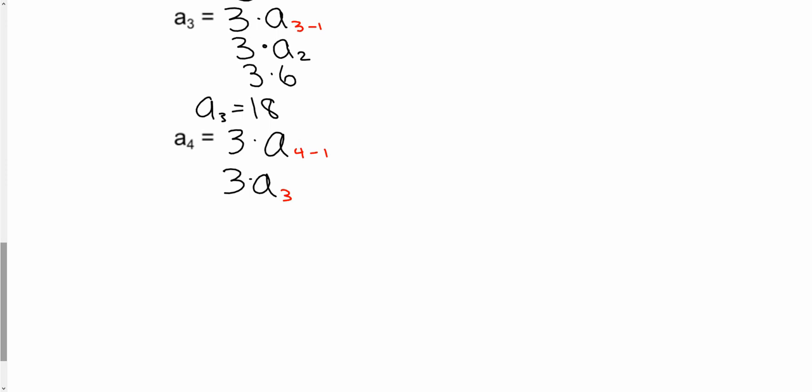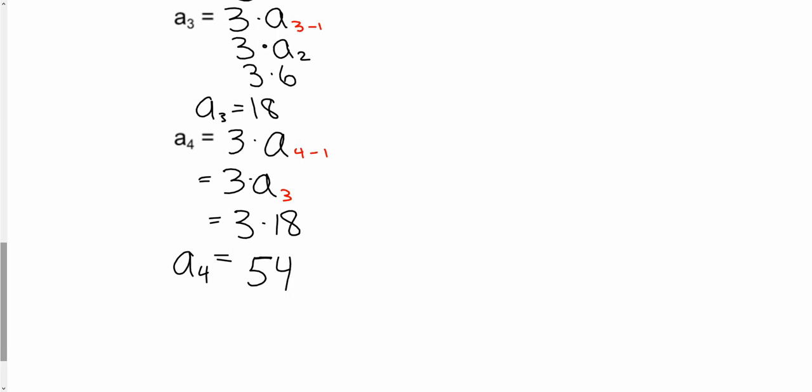So I know the answer to a sub 3 because I just did it. It's in the previous step. So this one right here means 3 times 18. Was that 54? So a sub 4 equals 54.